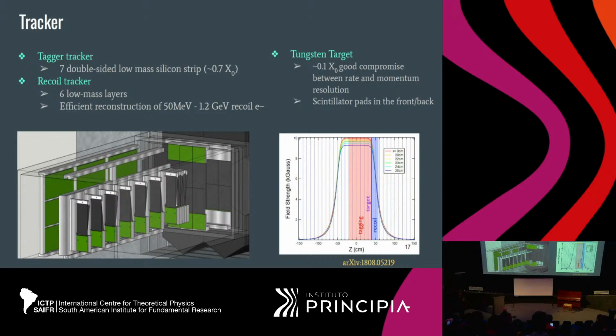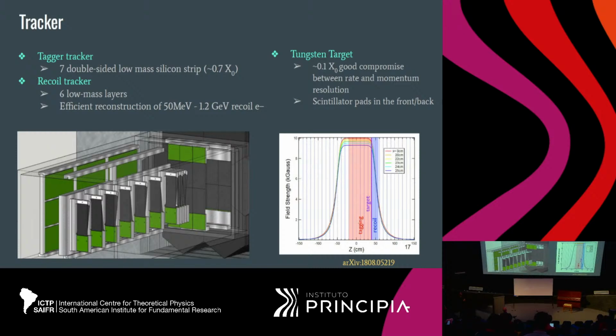So the material budget of this detector is very low, and this is good because you don't want, for example, a hard interaction of the initial electron to happen here, or at least you want to be able to distinguish it. After the target, you have six layers of these trackers, and this allows reconstructing the momentum of a recoil particle with good efficiency between 50 MeV and 1.2 GeV.